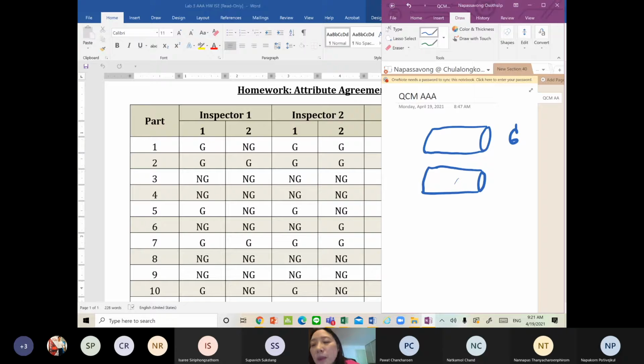So the result should be G, if the customer agrees to accept this quality level.